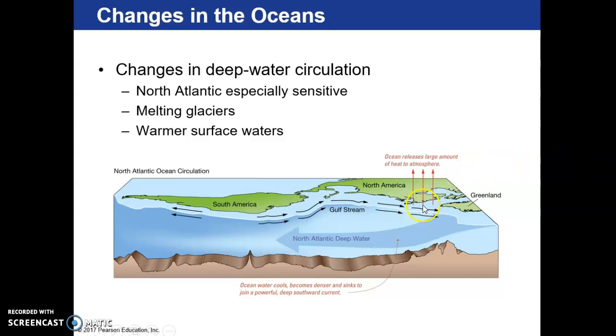So what that means is if we don't have enough momentum provided by this drop off in the North Atlantic deep water, then our conveyor belt could be impacted in how it circulates around the whole world. That's going to impact the heat transfer and the balancing of the heat energy throughout our global environment.